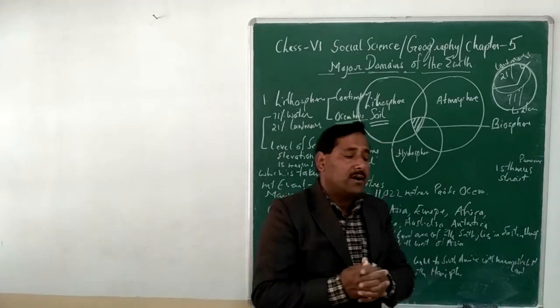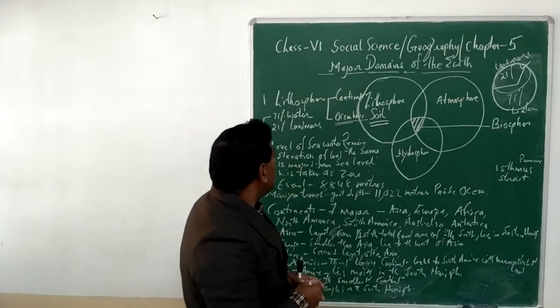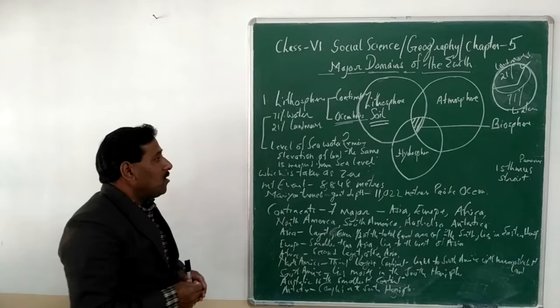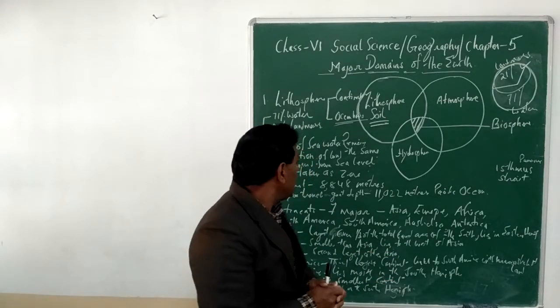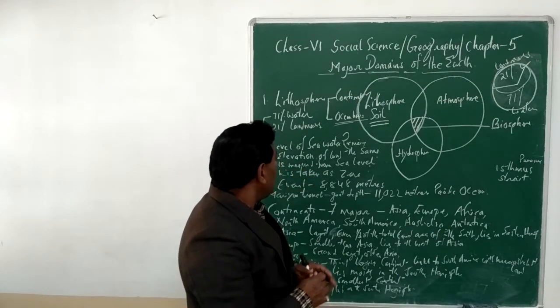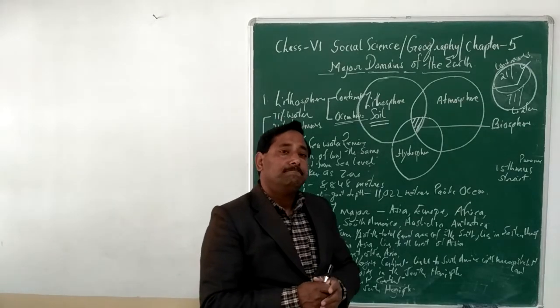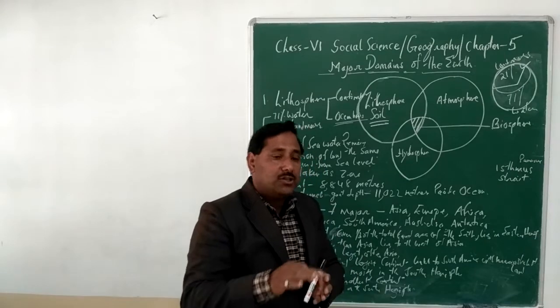This is very important. The level of seawater always remains the same. So, if the level of the seawater remains the same, the elevation of the land is measured with the sea level, which is 0.